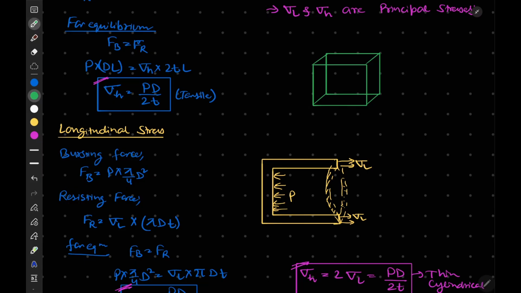Now if we talk about the stresses, there is longitudinal stress sigma L, there is hoop stress sigma H, and of course there is a radial stress. Radial stress will be acting in this direction here. This is your sigma R and its value is equal to 0.